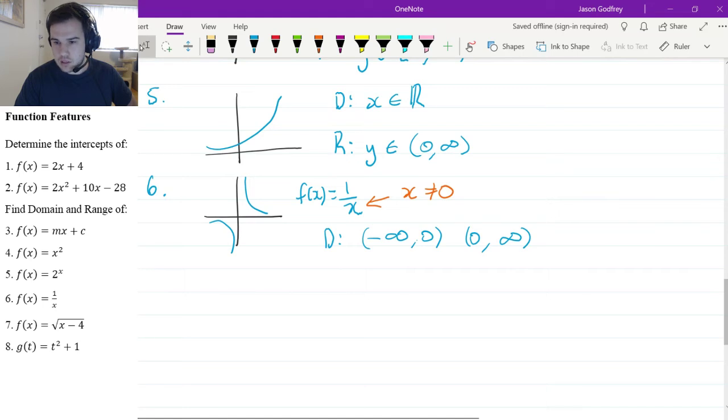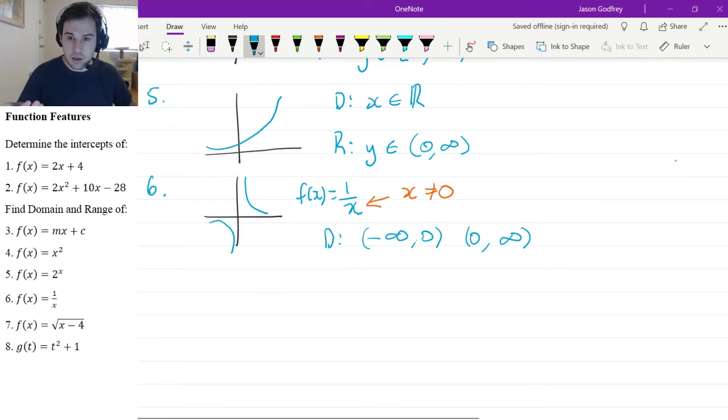We can put in any x value we want along the negative side of the x-axis, and any value we want along the positive side of the x-axis. However, we can't actually put in 0. Now, what we can do is write, okay, well here's this one section of the domain, here's another section of the domain, and then we can combine them together.